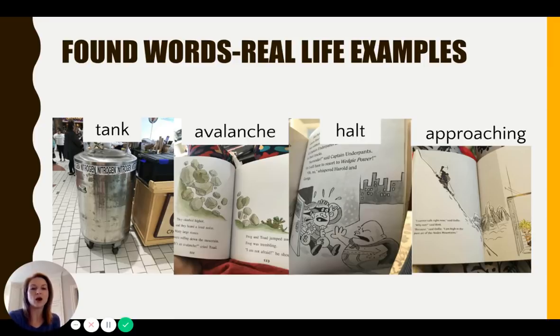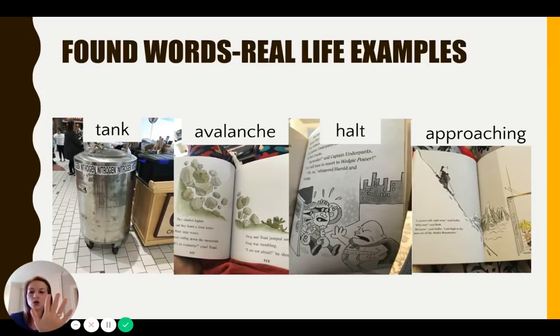And then this Bink and Gollie book I was reading with my daughters, there's this whole scene, several pages, where Gollie is imagining that she's climbing. And so it went really well with our theme for that week about climbing. I brought in several different pictures, and we talked about which picture represented which word. There was approaching, and there was succeed, which we did a little check mark for when she was at the top of the mountain.